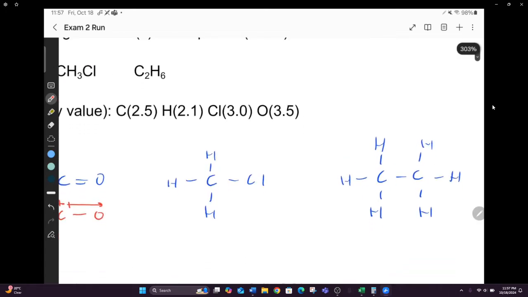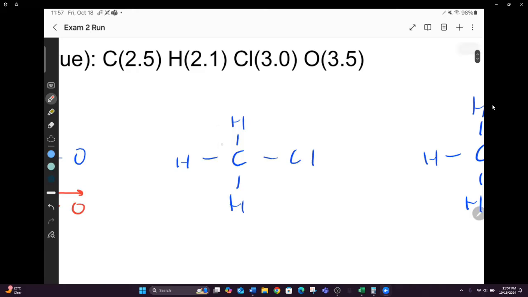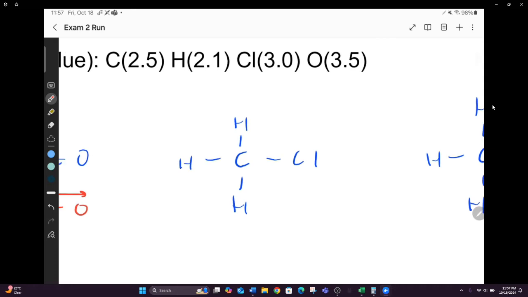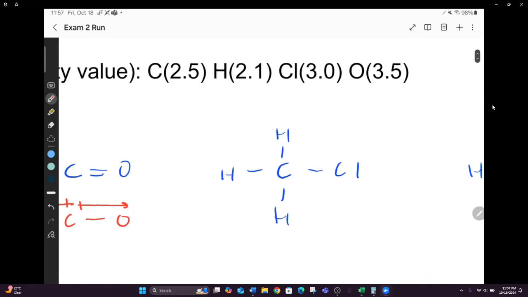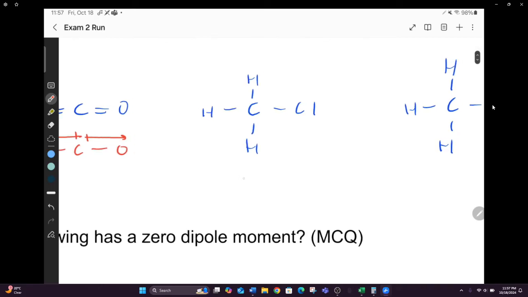CH3Cl is quite a different case. As we know, carbons and hydrogens have roughly the same electronegativities, but the Cl is, even with the numbers they gave us, you can see it's significantly more electronegative than C's and H's. So we know that in the 3D structure, if I draw it, it's a tetrahedral shape.